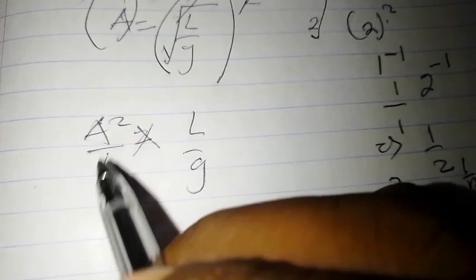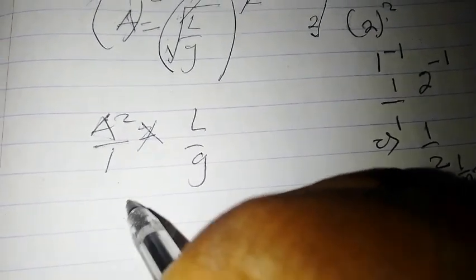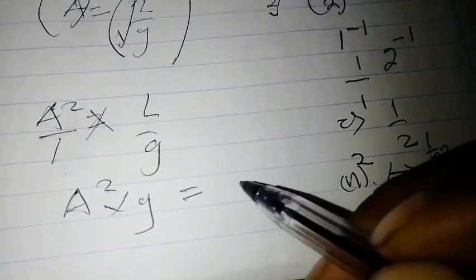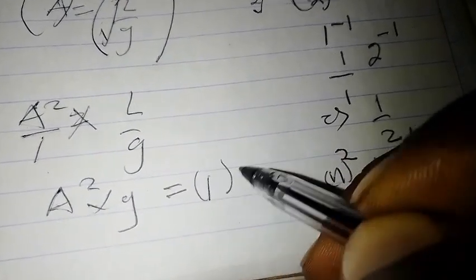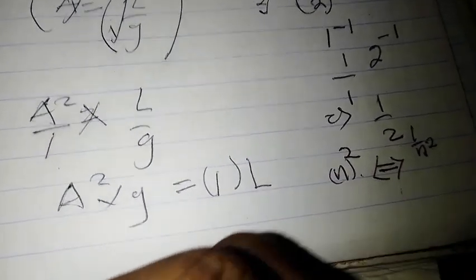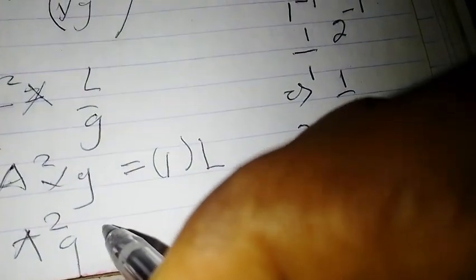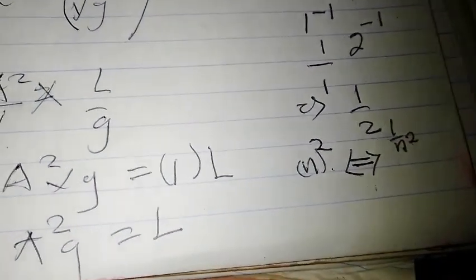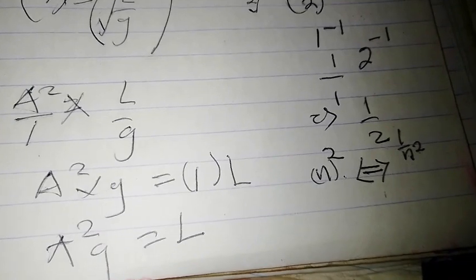It's very simple. Don't let this confuse you. So this is just A squared times G equals 1 times L. So A squared G equals L. So this is square root with change of subject.